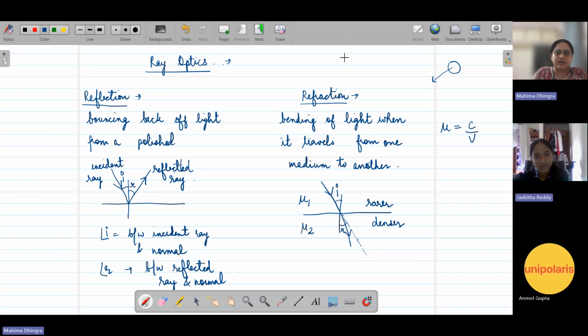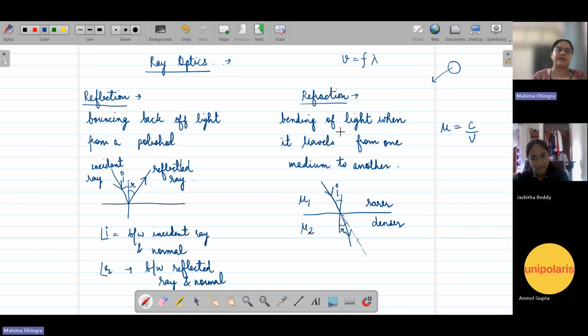Okay, we have this relation that the velocity is equal to frequency into wavelength, right? You have learned it in physics grade 10th also. Now, frequency has been asked so many times in CBSE MCQ questions: which property of light remains the same?